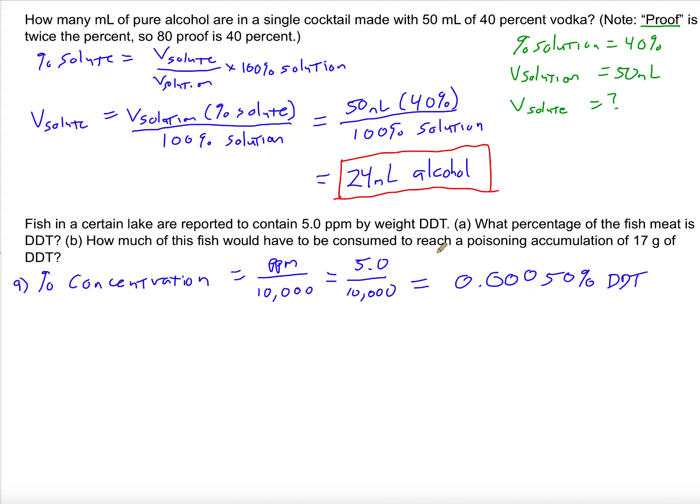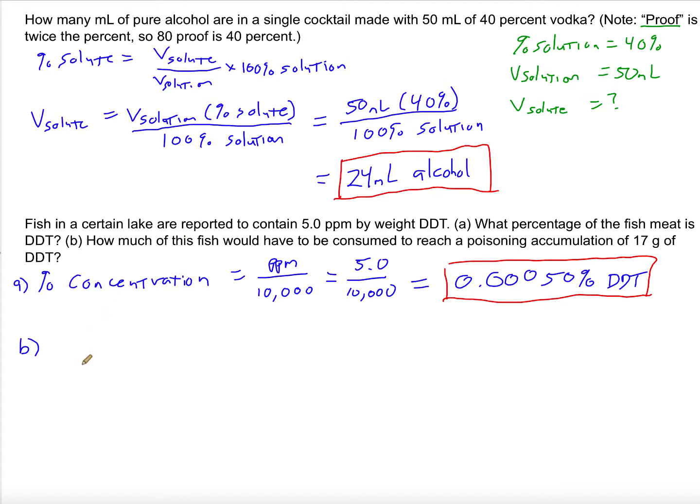So that is our answer for part A, the percentage of DDT in the fish meat. Now part B, we want to know how much of this fish would need to be consumed to get 17 grams. So we're trying to see how much the whole would have to be to get 17 grams of DDT.